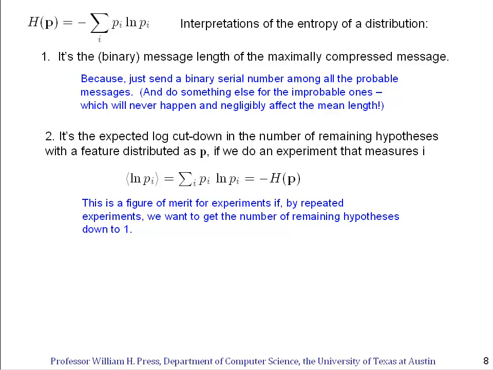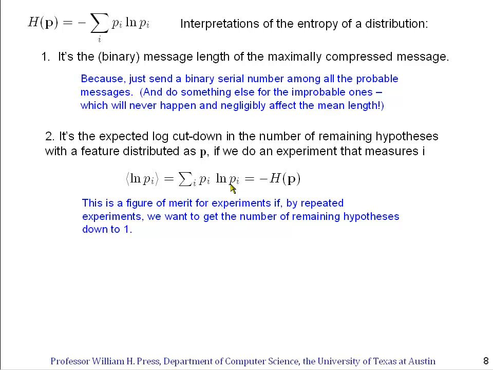Okay? Now, on average, by what fraction, or we might say how much in the log of the number of hypotheses, are you going to be able to reduce if you examine this feature? Well, the answer is that each feature occurs with probability pi, but if that feature in fact is the one you measure, you'll be able to decrease the log of your number of hypotheses by log pi.